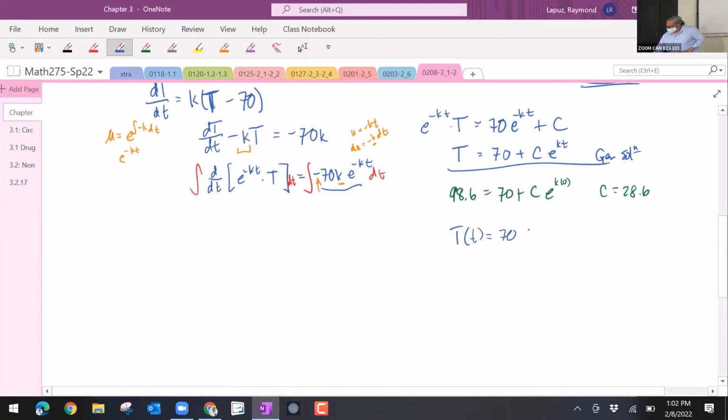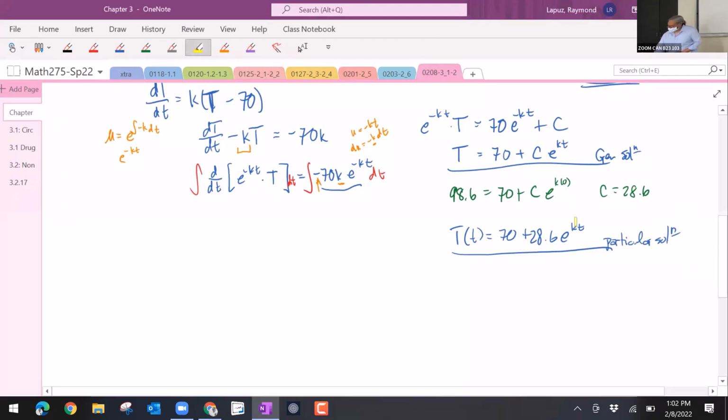Our actual particular solution. Now, there's an issue with our particular solution because we have a k that we still don't know. So we need to solve for k.